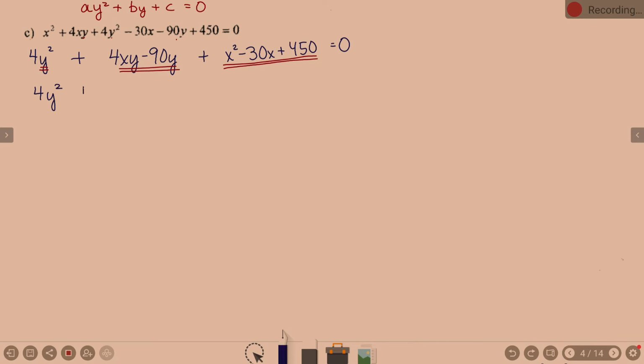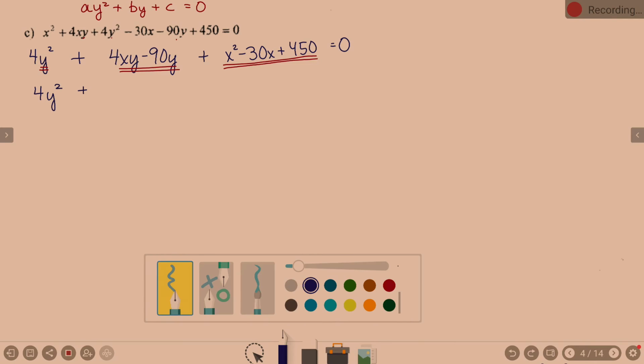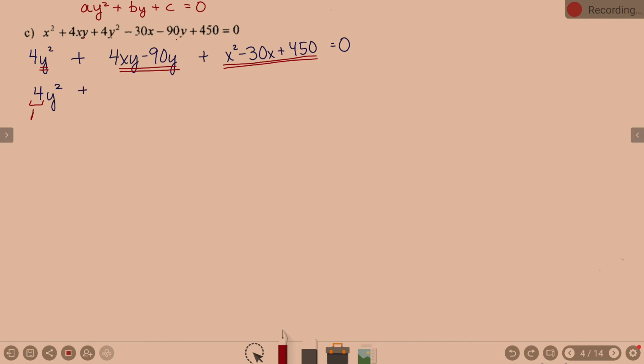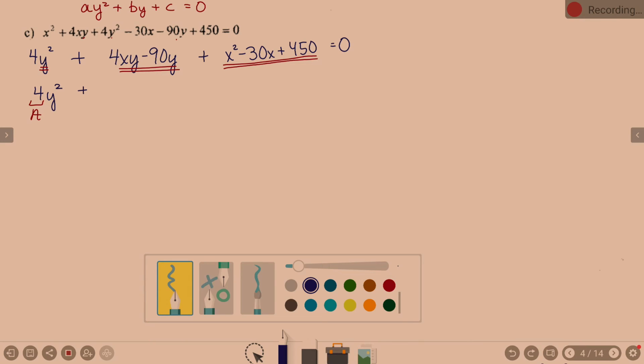When we talk about 4y squared, what is a? A is going to be what? 4. Okay, that's not the place I'm concerned about. Y to the first. What is our coefficient for our y to the first terms? And so what I'm going to suggest here is factor out the y. If I factor out the y, what's the remaining piece there?